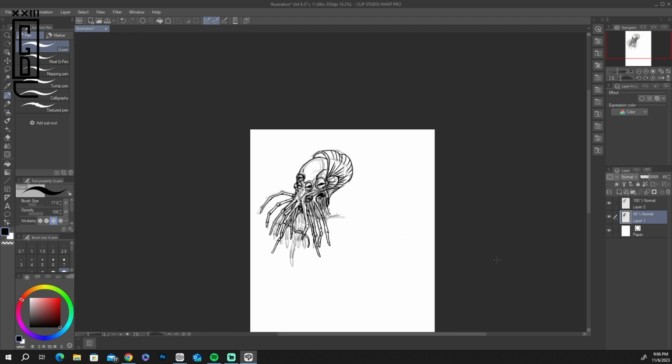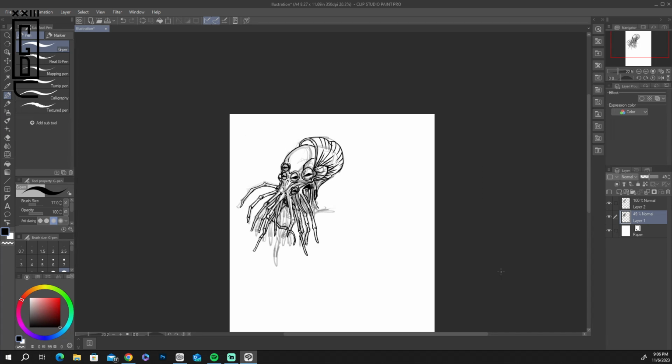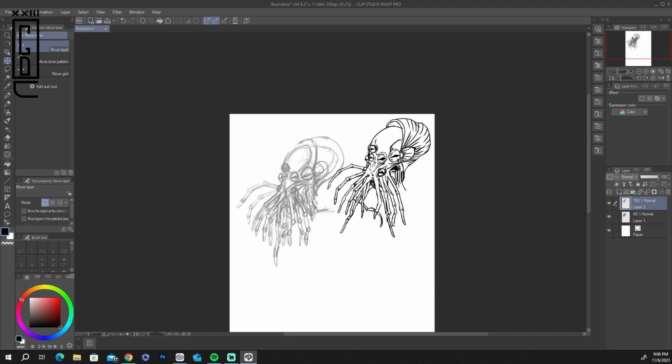Now we have an idea about the head. So what we're gonna do with the head is I'm gonna make it here. Okay. So yeah, this is gonna be the head, but right now I'm gonna make the body. I have to make the body, and I still don't like the head.